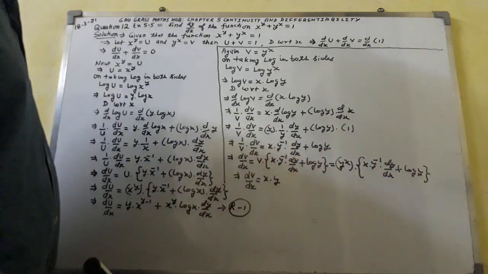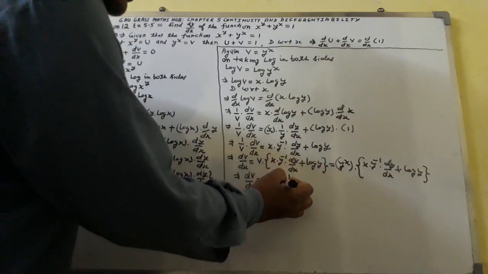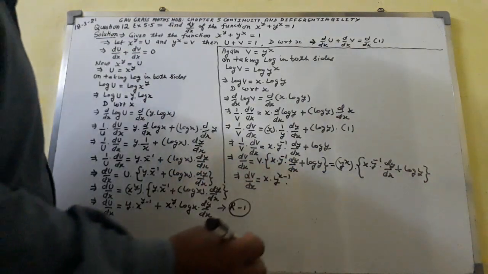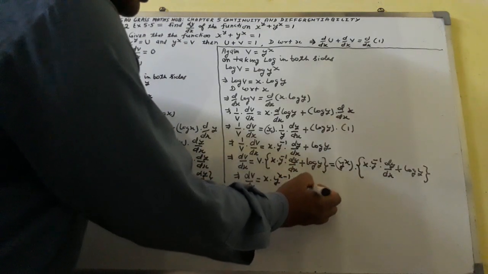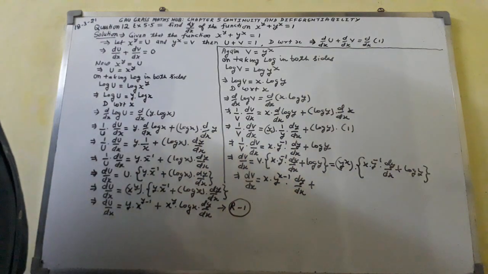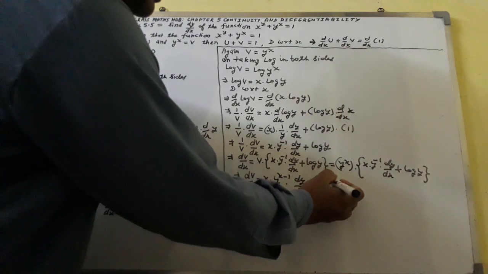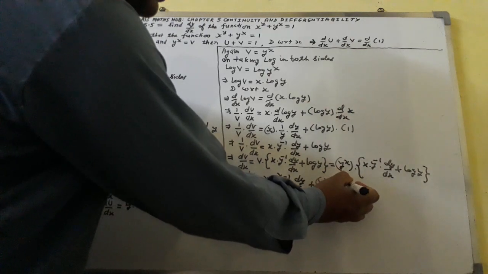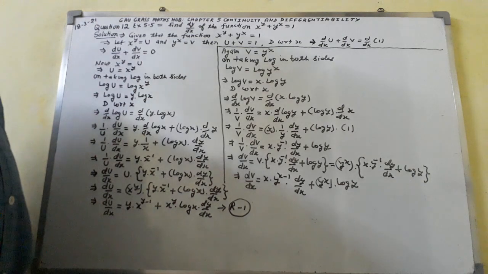So here you will get y raised to the power x minus 1 dot dy over dx plus y raised to power x dot log y. We shall get this one.